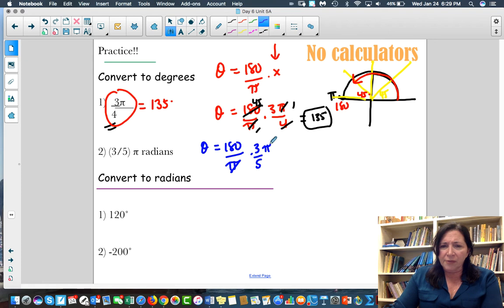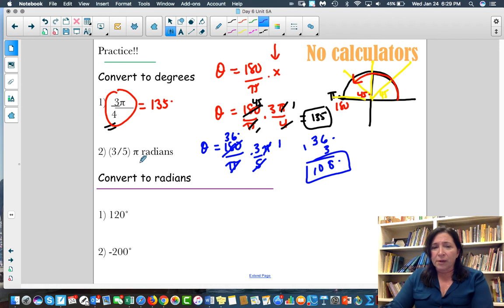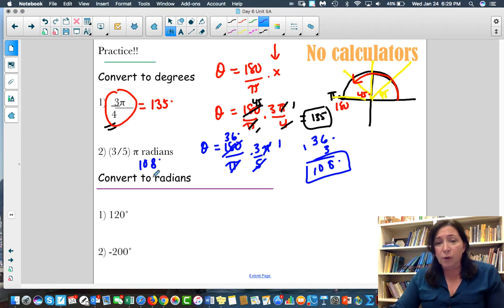The pi's cancel and make 1. 5 divides into 180 36 times, and then 36 times 3 is 108 degrees, not an exact value. So this one was a little bit tricky in that it was to our benefit to use the formula, because that wasn't on our radar.